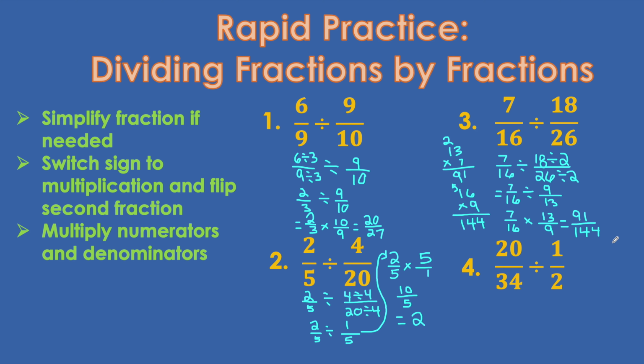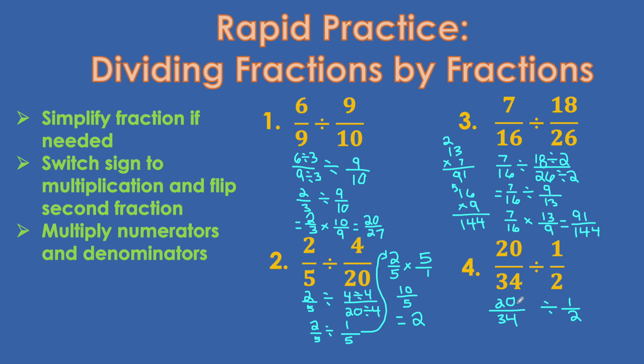Looking at the very last problem, we have 20/34 divided by 1/2. Check to see if any of the fractions can be simplified as the first step. The first fraction can. Let's rewrite this. 20 over 34 divided by 1 over 2.